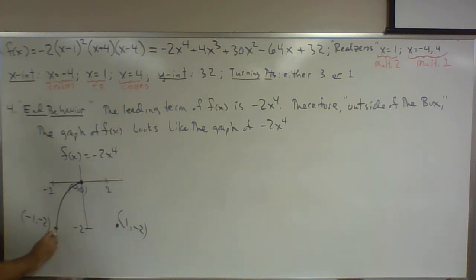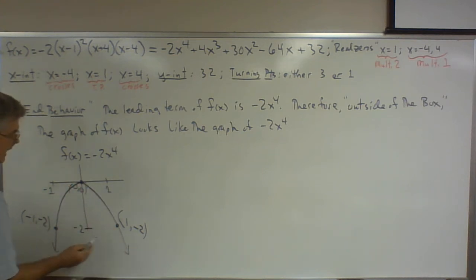So those 3 points form the skeleton on which we hang the graph of f of x equals x to the negative 2/4.